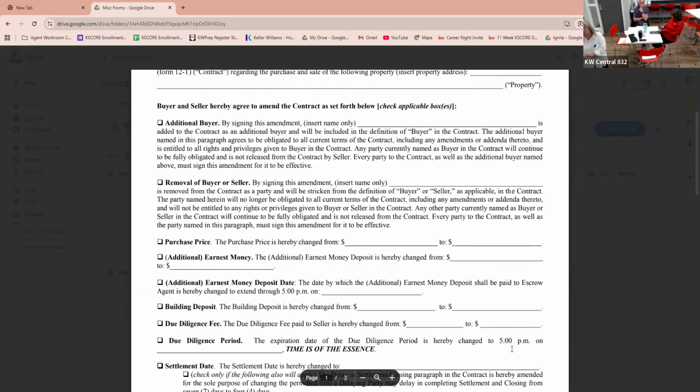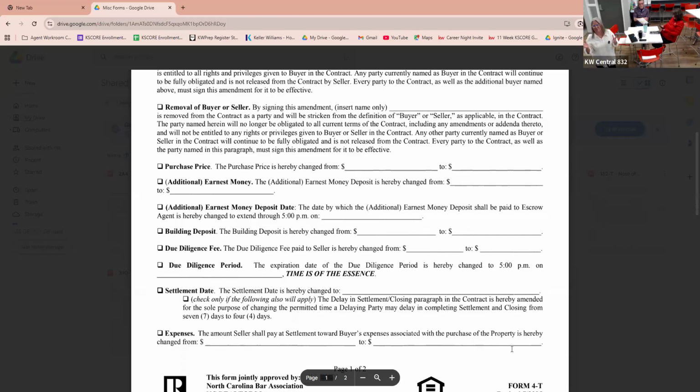And then we might say, okay, we're going to increase the purchase price. There might be whatever reasons, okay, we'll do that, but we want additional due diligence money. If it wasn't the fault of your seller, but the buyer is asking for an extension of due diligence, the seller might say, we'll give you more time, but we want more money. And so that's where you can do it all on here.